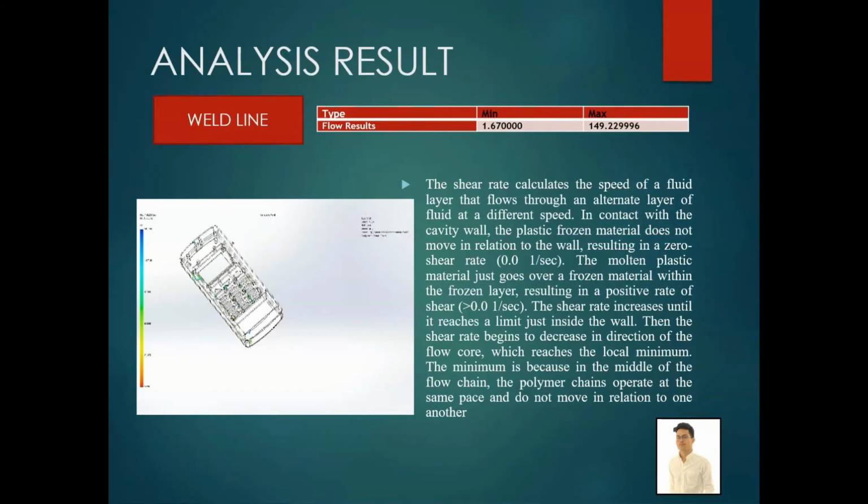The shear rate increases until it reaches inside the wall. Then the shear rate begins to decrease in the direction of the flow core, which reaches the local minimum. The minimum is because in the middle of the flow, the polymer chains operate at the same pace and do not move in relation to one another.